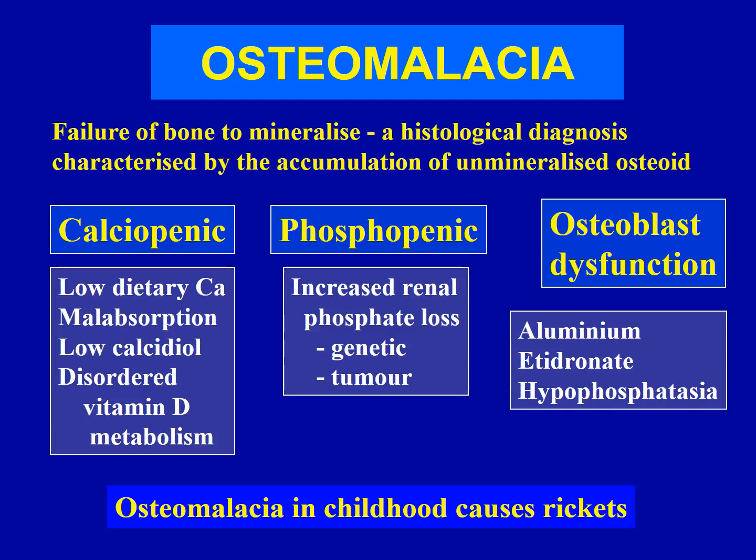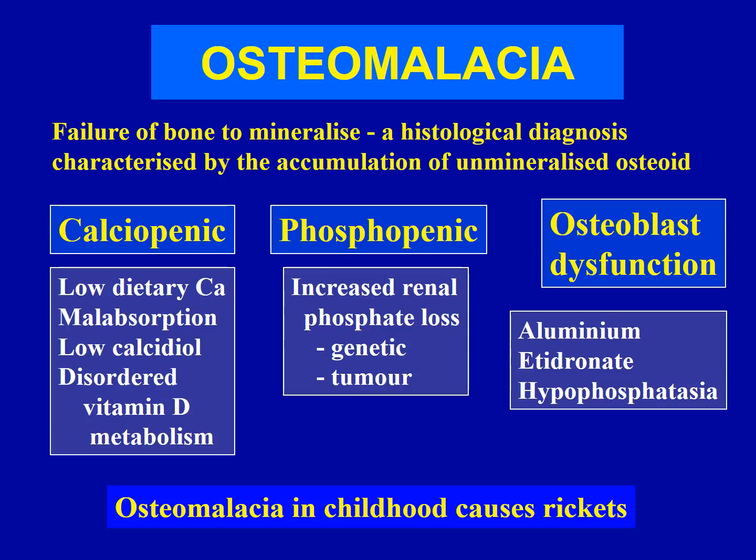induction of phosphopenic osteomalacia. Occasionally osteomalacia is caused by dysfunctional osteoblasts, the bone cell type that's responsible for bone formation, and that usually relates to toxicity. In days gone by, aluminium was present in the dialysate of patients undergoing renal dialysis, and would sometimes accumulate in bone and cause osteomalacia.